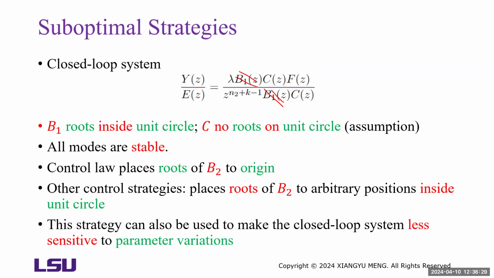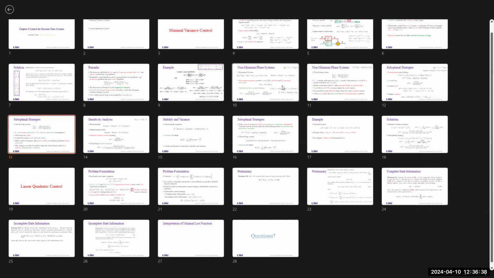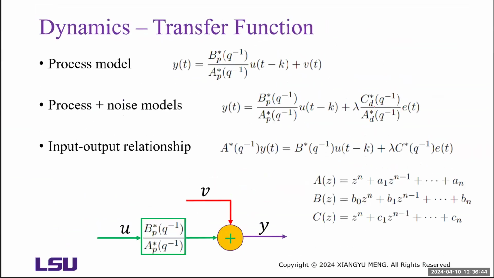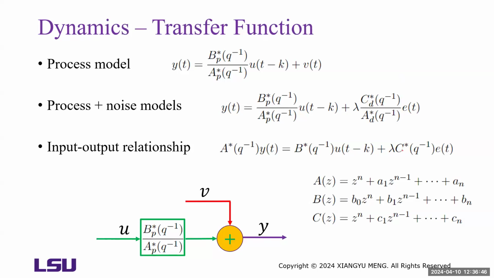Then for C, we can choose. So let's go back again to see how this C is defined. Okay, so this is C. The C will be CD times AP, because we assume that AP is a stable system, so all the roots of AP are within the circle.